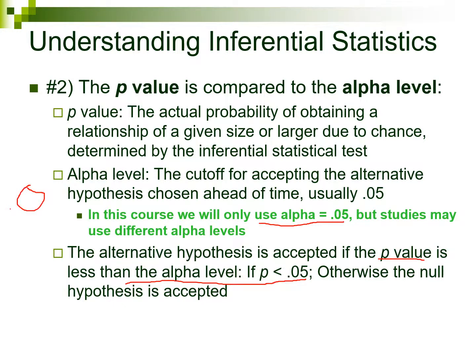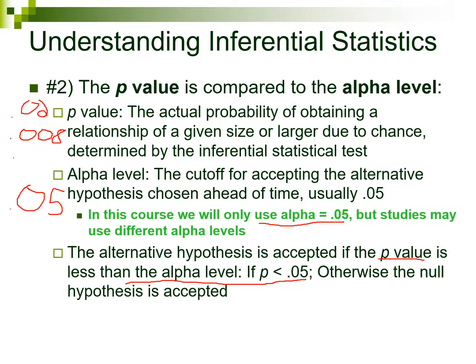So again, alpha level, always 0.05. If the p-value is 0.02, accept the alternative hypothesis. If SPSS tells you that the p-value is 0.008, accept the alternative hypothesis.